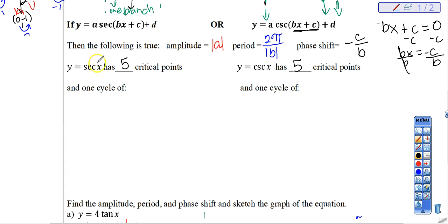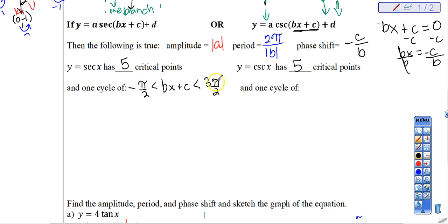So what we're doing with your secant function is you're taking the cosine function, starting it at a 0, and then hitting a maximum, hitting a 0, hitting a minimum, hitting a 0 again. So that happens starting a cycle at negative pi over 2 less than bx plus c, your horizontal actions on the x-axis, less than 3 pi over 2.